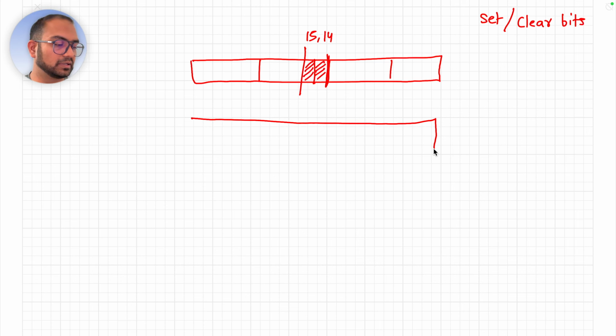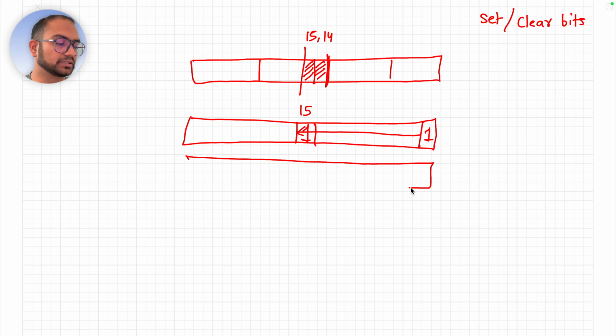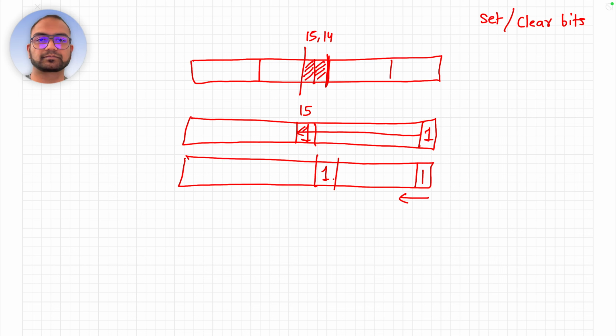And how can we target? Well, let's take another register with just 1 in it. Then first, let's push it to the 15th position. Take another register with 1 in it, push it to the 14th position.